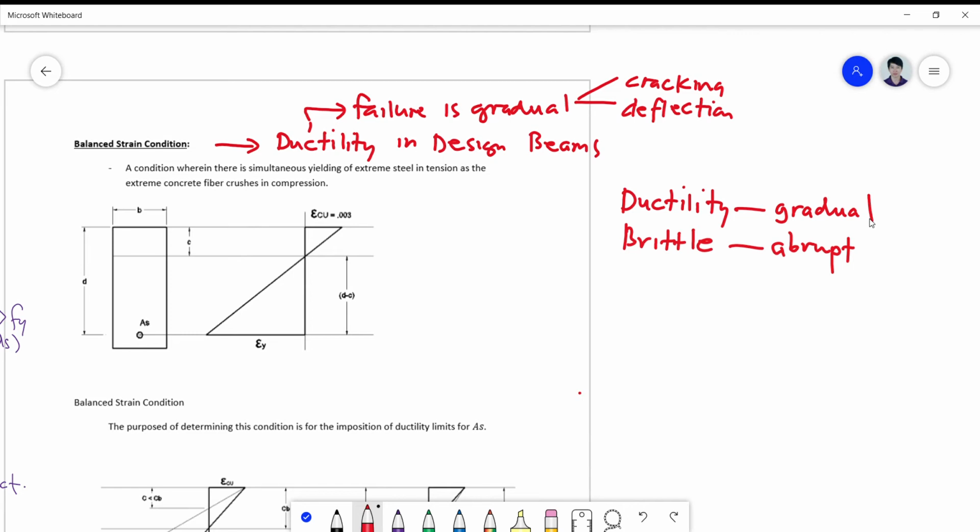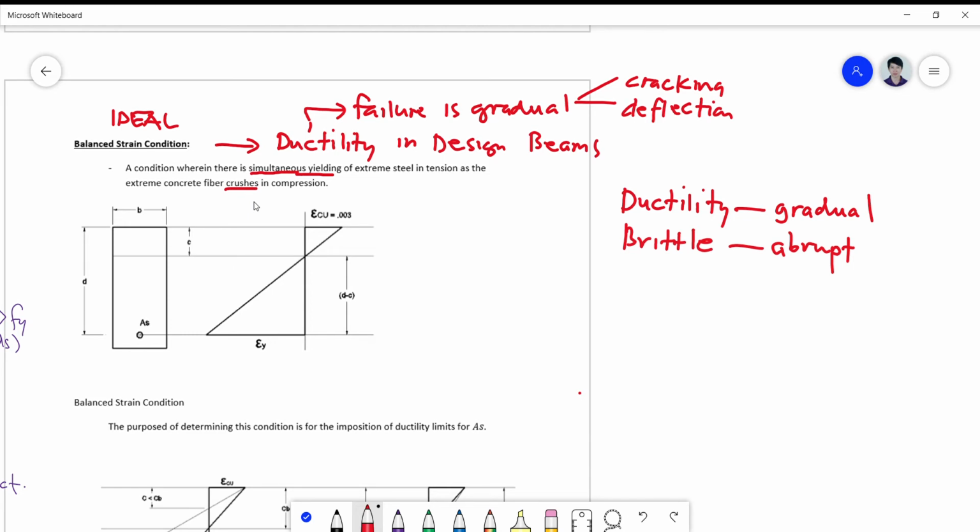So how do we now consider the design as to whether it's ductile or not? We have to understand the balanced strain condition, which is a very ideal condition that sometimes does not happen. So here is the balanced strain condition. The definition is the simultaneous yielding and simultaneous crushing.